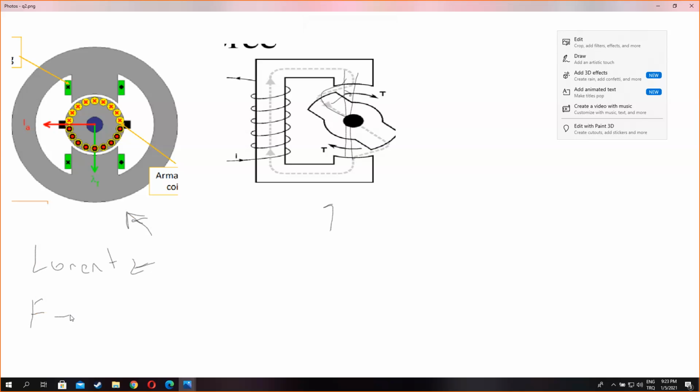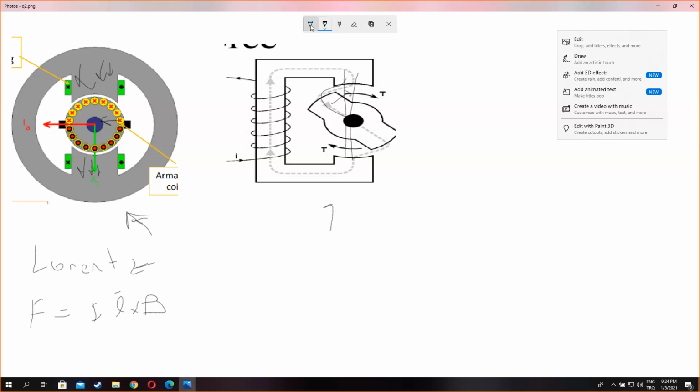It is F equal to IL cross product B. Assuming that the magnetic field is in a downward direction, by the right-hand rule, we can clearly see that the force is to the left side.